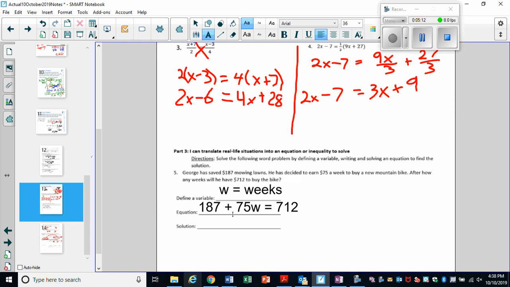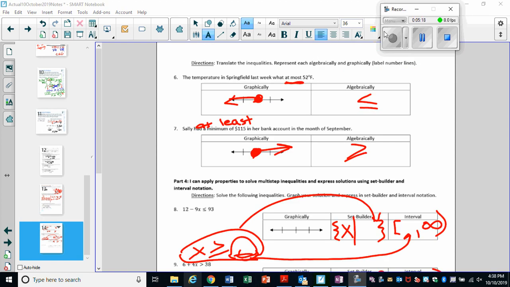Now you're down to a two-step equation, and I'll give you an opportunity to do that on your own. Okay, 6, we just set up in class. Think about the phrase at most. That will tell you which symbol.